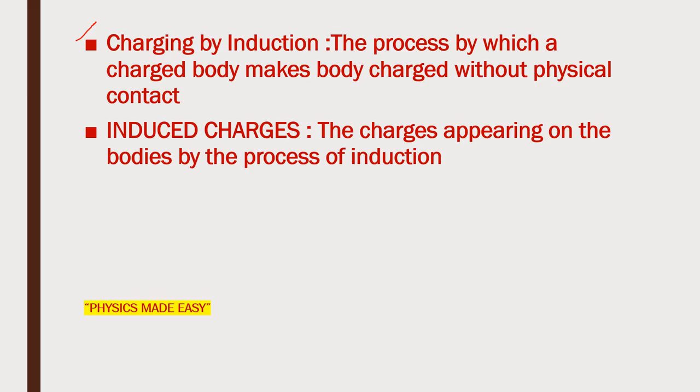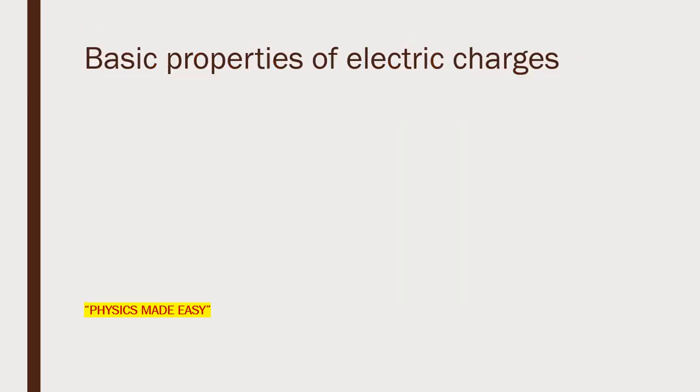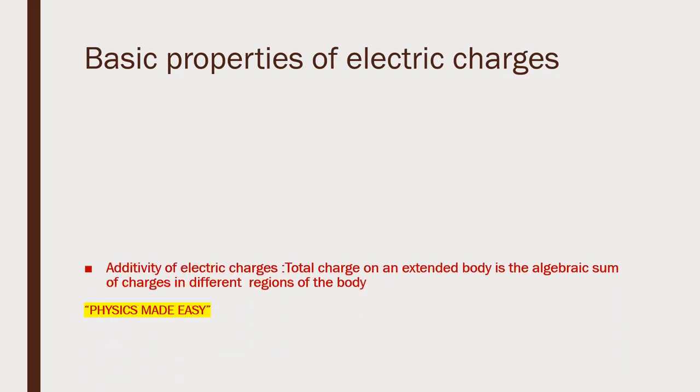The charges appearing on the bodies by the process of induction are known as induced charges. The second one is the inducing charges. The charges on the body which give rise to induced charge on another body without physical contact are known as inducing charges. Now we are going to learn about the basic properties of electric charges.